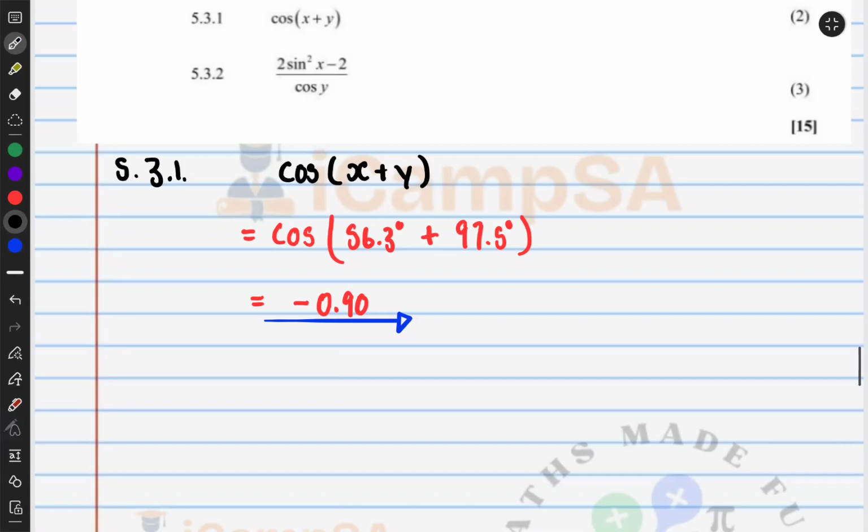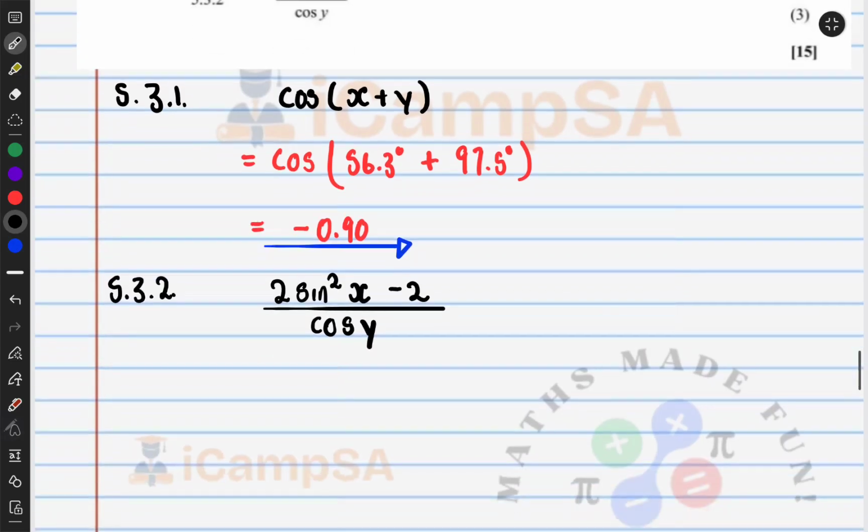Okay, and then next, for 5.3.2, is 2 sine squared x minus 2 over cos y.